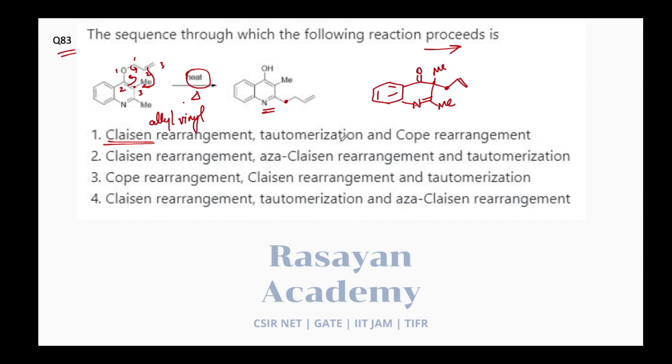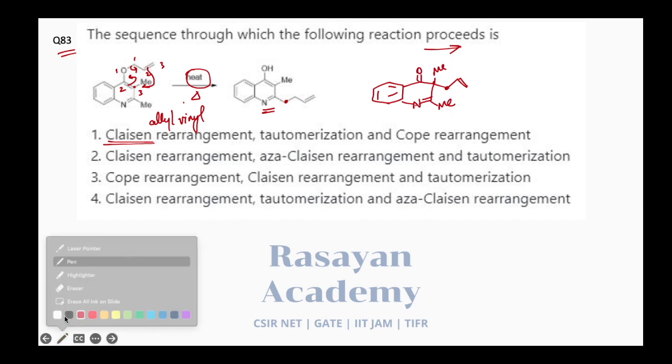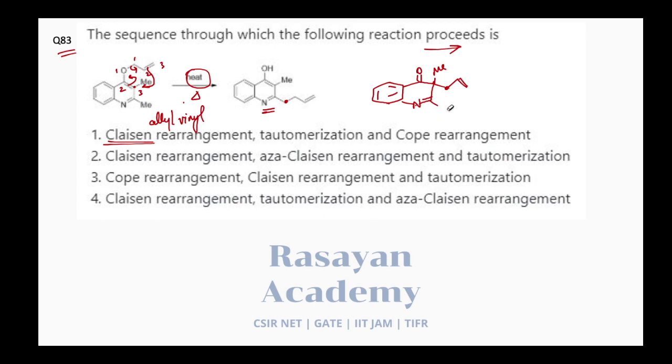So, how are you going to do it, guys? How are you going to proceed with this reaction? You might want to convert this Me to CH2H and see what is possible.